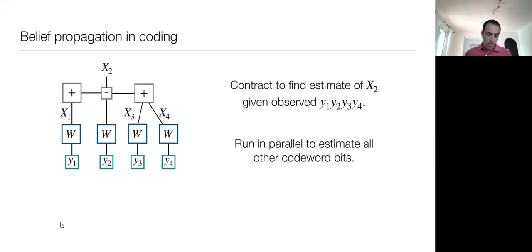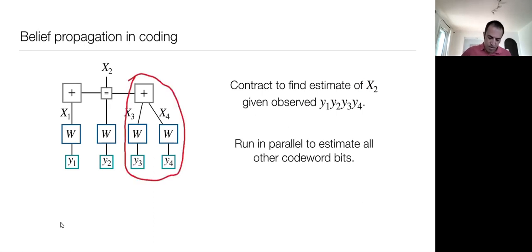Okay, so here's what it looks like now. We just want to find the estimate. We just want to decode X2. And we are given, of course, the channel output. And so this is the factor graph. The contraction rules are basically what I said. We would just contract this part together.